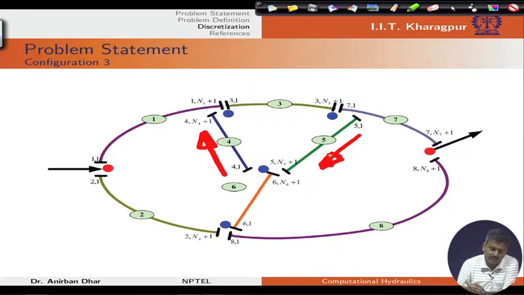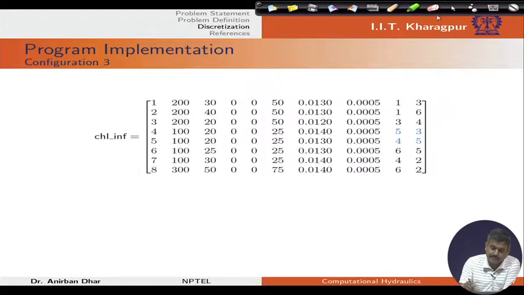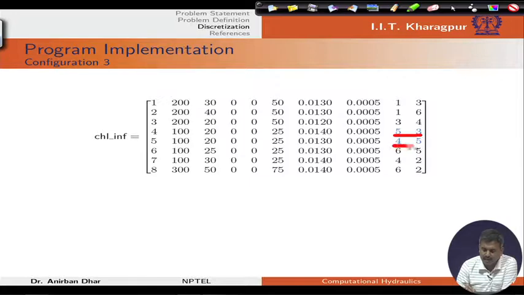So, obviously in this case I have to change this channel information matrix. In channel information matrix I have to change these two entries, this is 5 to 3 and 4 to 5.